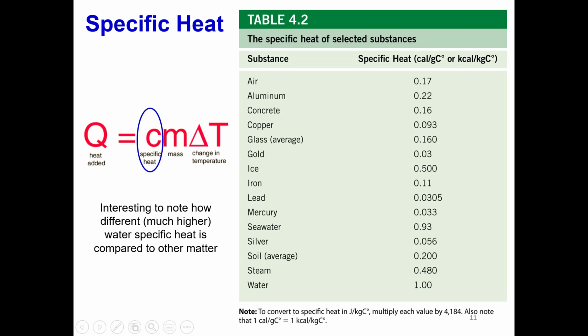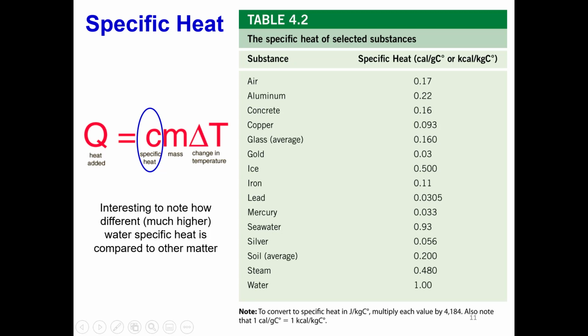You can see that in the case of metals, we need less heat to increase 1 gram of that substance by 1 degree Celsius. For example, for iron we need 0.11. In the case of lead, we need a really small amount of energy, 0.03. In the case of silver, we need just 0.05. But in the case of concrete, we need 0.16.